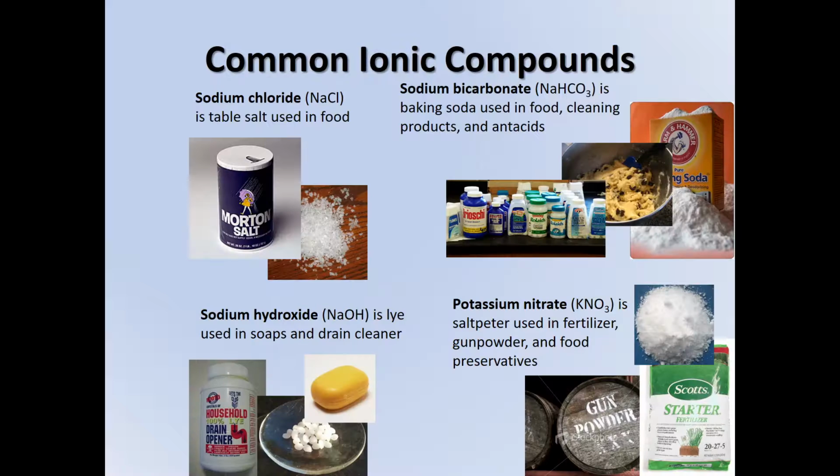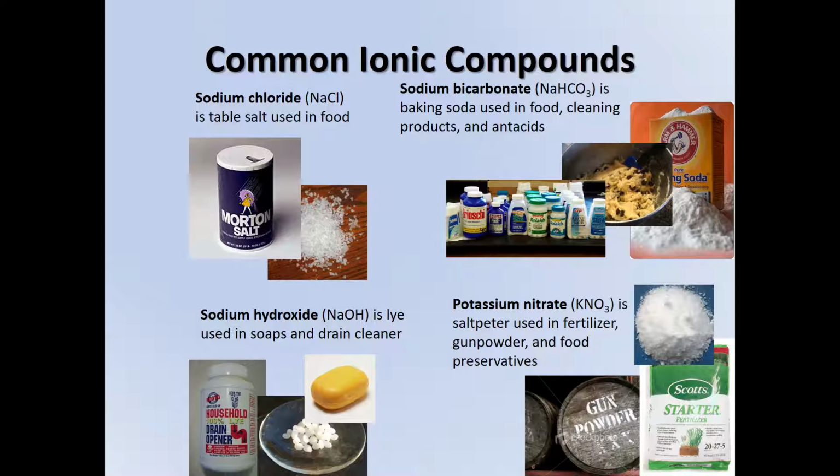So what are some common ionic compounds? Sodium chloride, which is table salt used in foods. Sodium bicarbonate is baking soda, used in food, cleaning products, and antacid. Sodium hydroxide is lye, used in making soaps and drain cleaner.